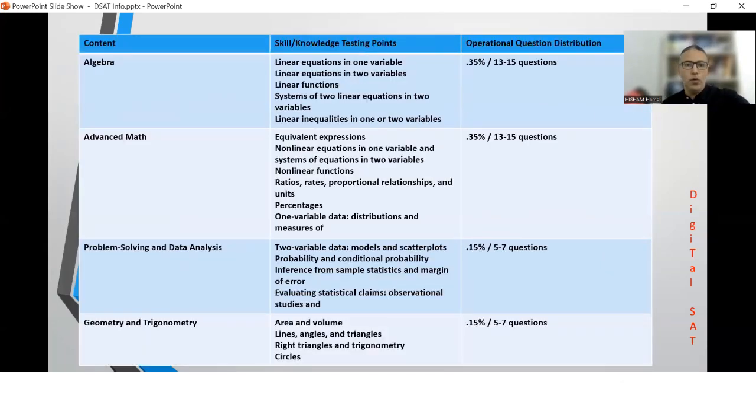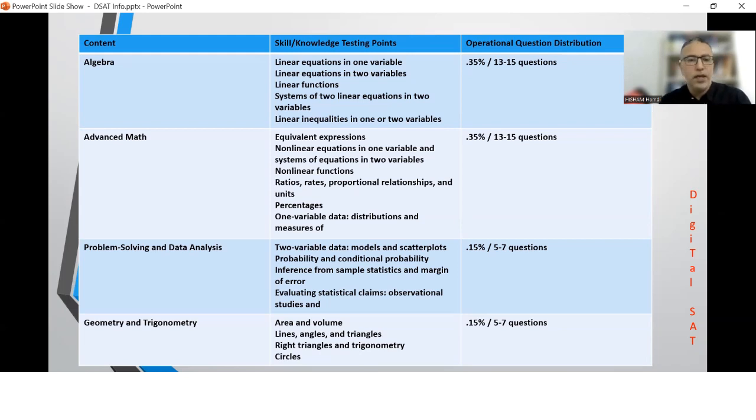What about the math? Oh my God, I'm surprised. You have 4 main courses in math. You have algebra, you have functions, which is advanced math, you have problem solving in data analysis and probability, and you have new topics, which we call geometry and trigonometry. In algebra you should be aware of linear equation, 1 variable, linear equation, 2 variables, how to solve the 2 equations, one of them in the first degree and the second degree, and how to solve and represent linear inequality.